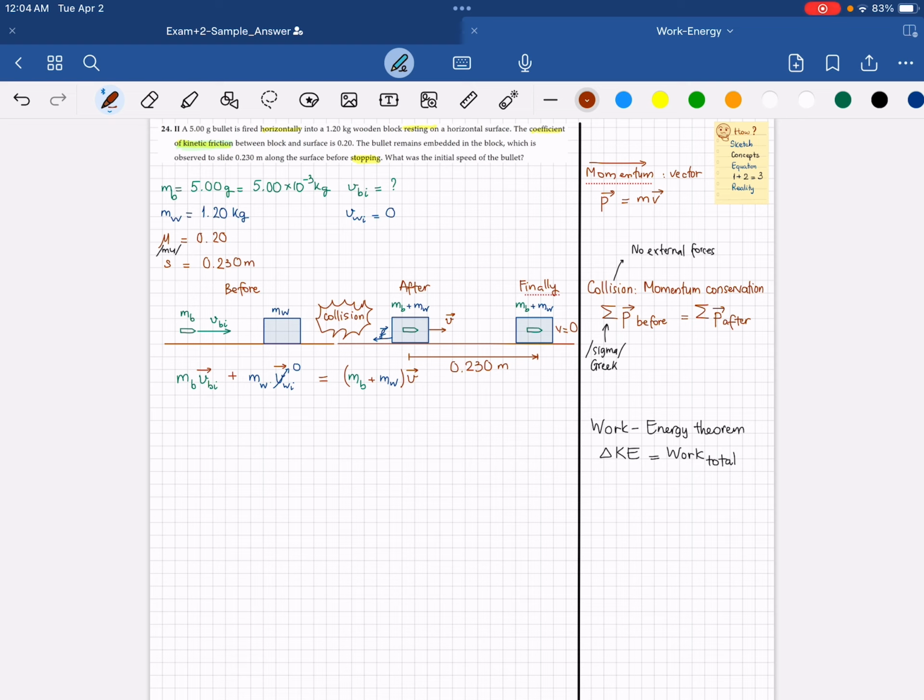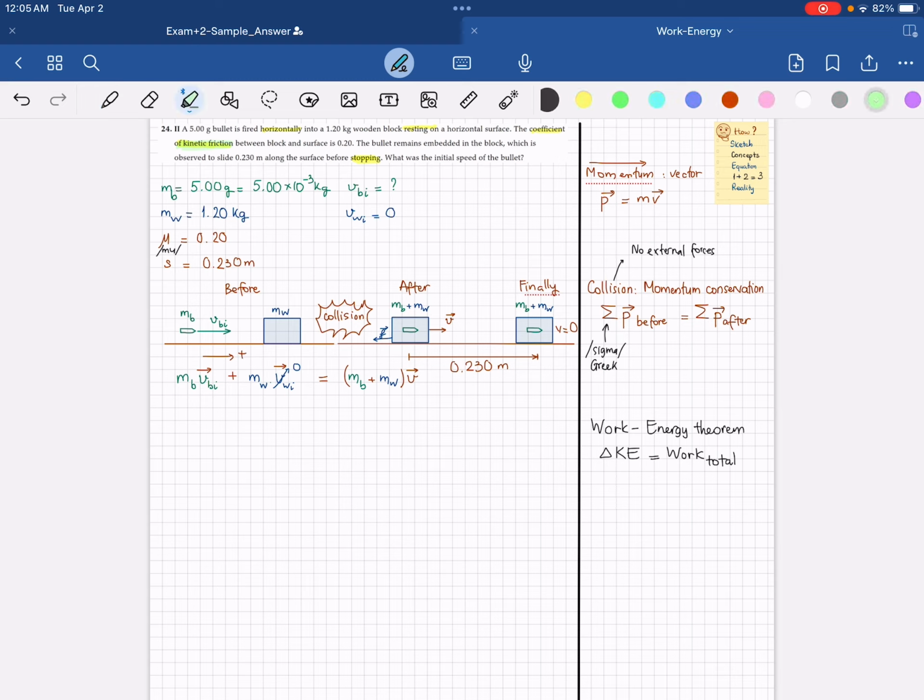If we want to deal with vectors, we need to project them onto a positive direction, whichever direction you pick. Luckily, they are vectors on the horizontal direction, and I choose the positive direction as the one towards the right.